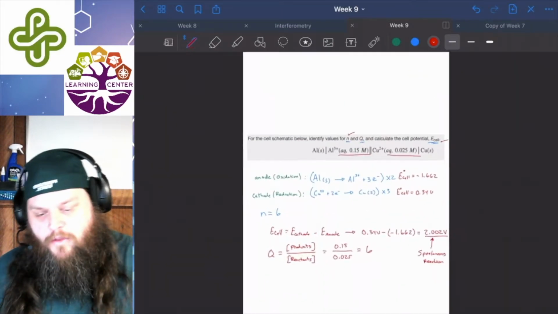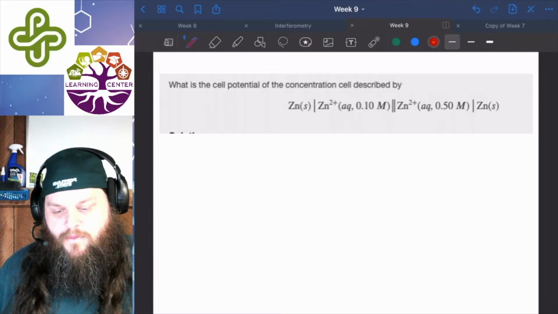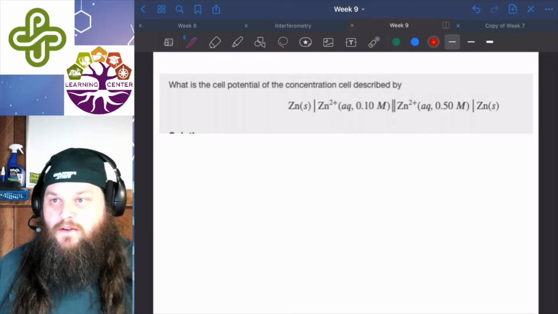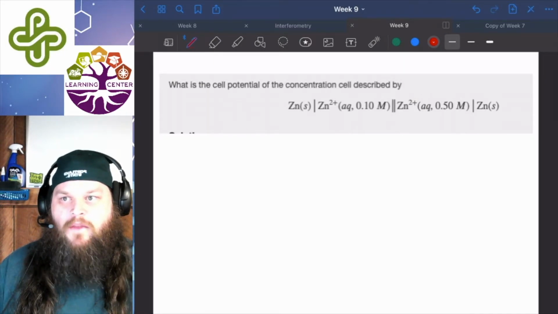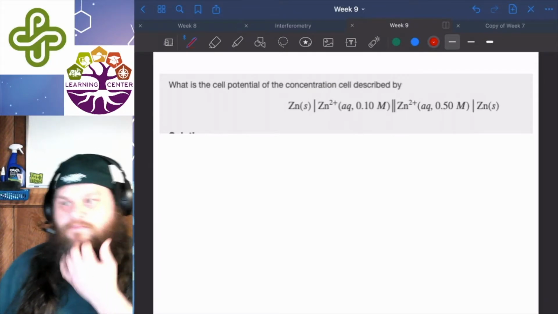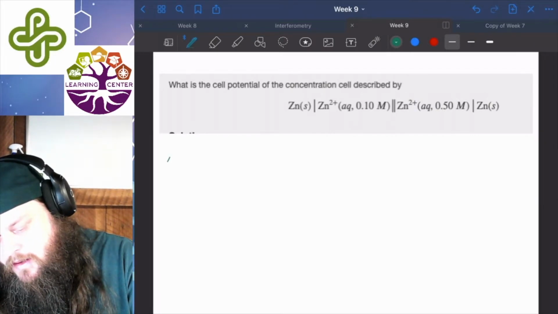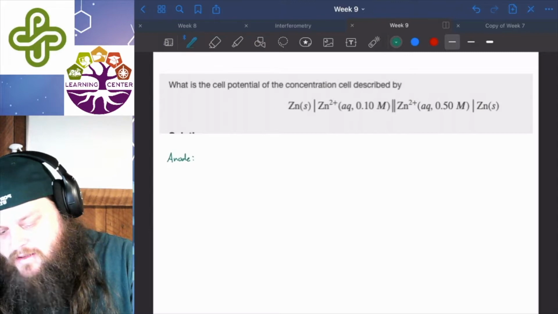Let's try another problem. This one has to do with zinc solid turning into zinc 2 plus on both sides of the equation. In this case, the molarity is really what's changing here. It's going from aqueous 0.1 molar to aqueous 0.5 molar. So let's write these out. Now the anode, in this case, is again the oxidation.